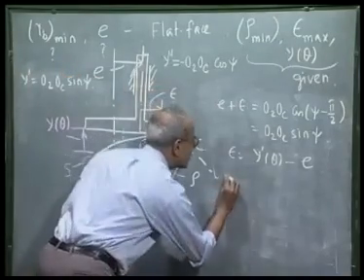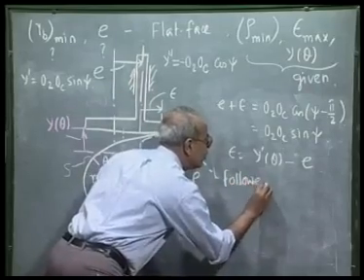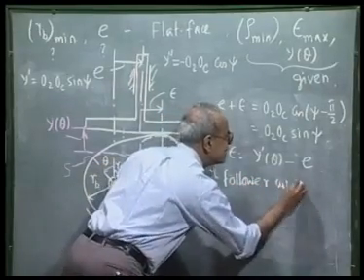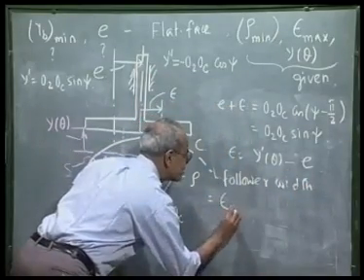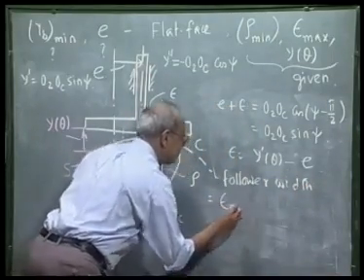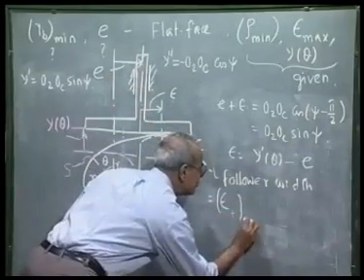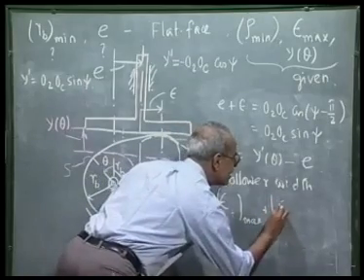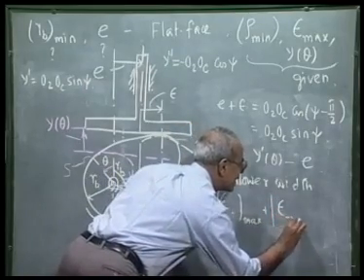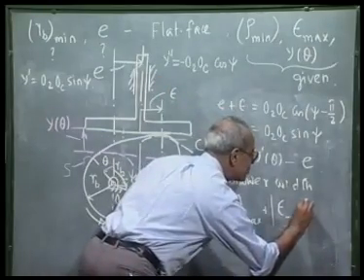So if I call that minimum follower width, that is epsilon positive maximum plus epsilon negative maximum, and then I take the absolute value.